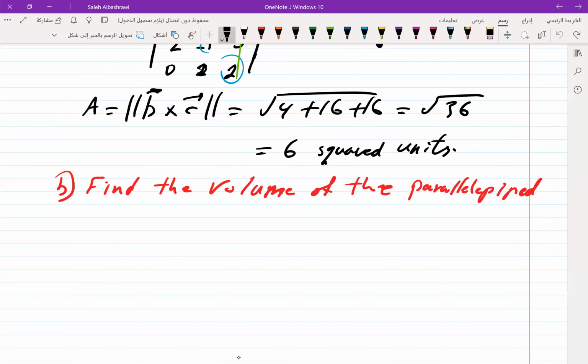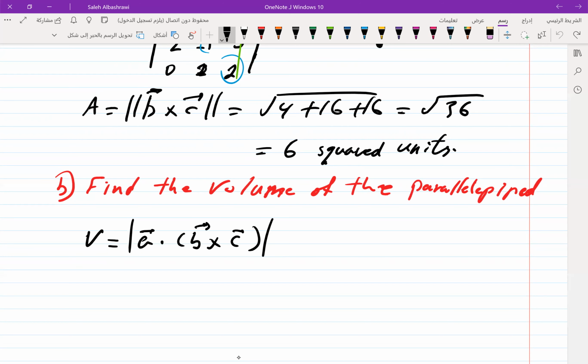The volume is given by A dot B cross C. Take the absolute value. The volume is given by the absolute value of A dot B cross C.